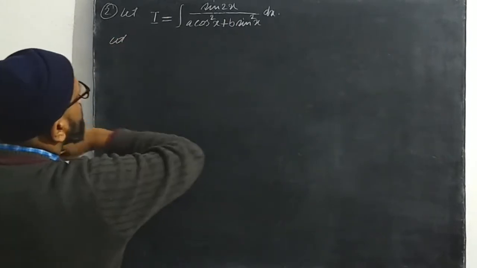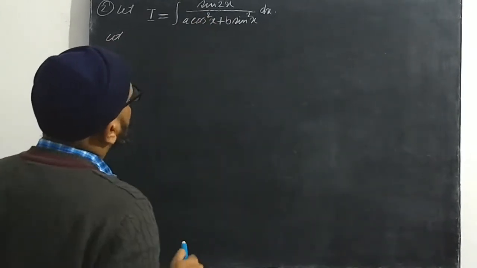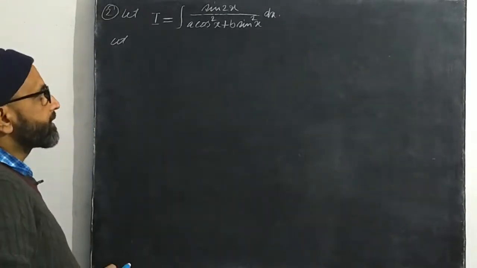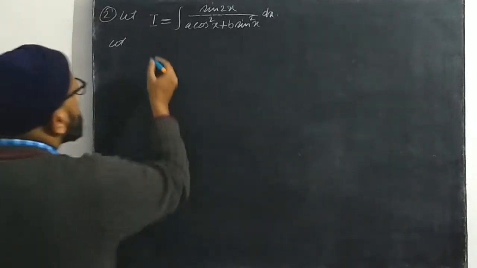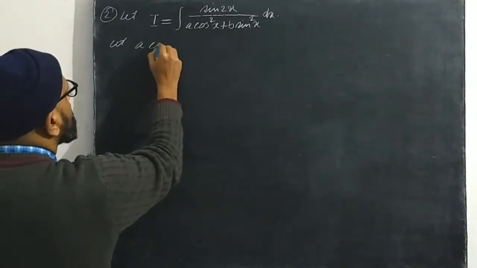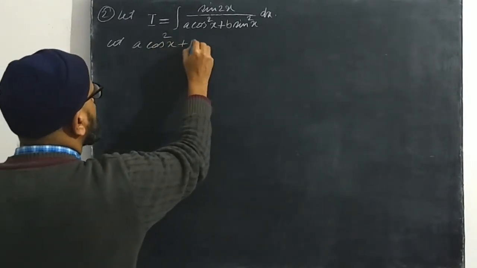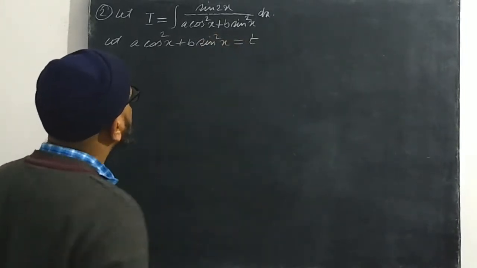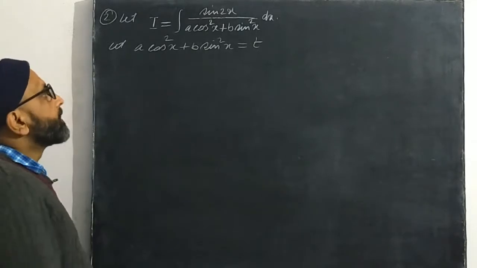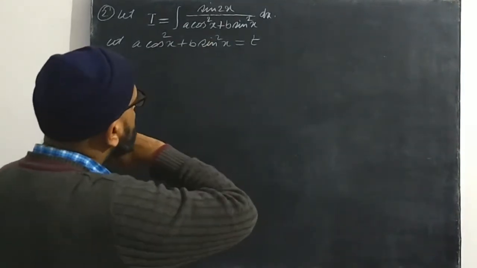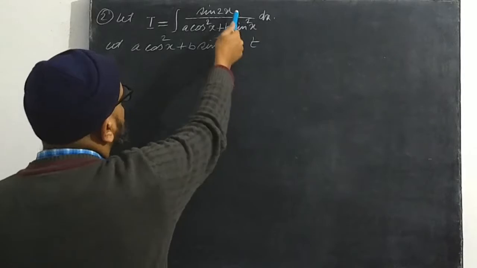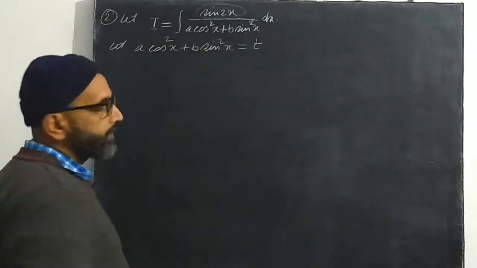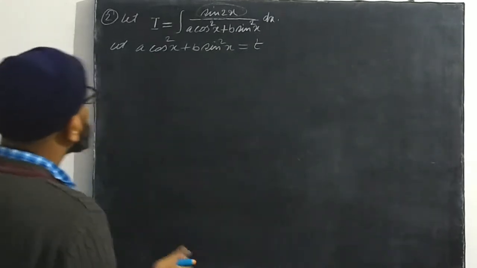Here the sum is the integral of sine 2x upon a cos square x plus b sine square x dx, and here we let a cos square x plus b sine square x be t, though it is not quite clear which function should be assumed as the second variable to eliminate sine 2x from the numerator, or to simplify this integral.